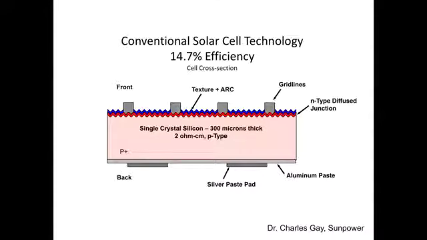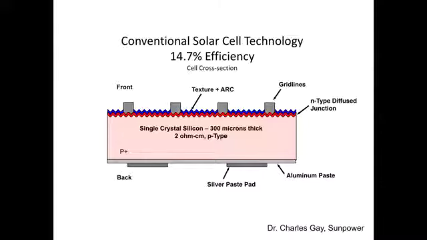So this is a classic silicon type architecture where you have P-type silicon. Silicon uses a homojunction. The silicon is about 200 to 400 microns thick, which is still really thin. But when I talk about thin film solar cells, you'll see why they're called thin films.